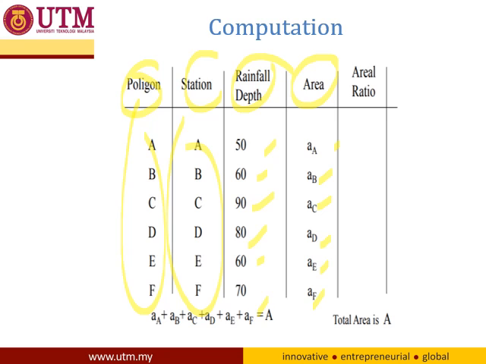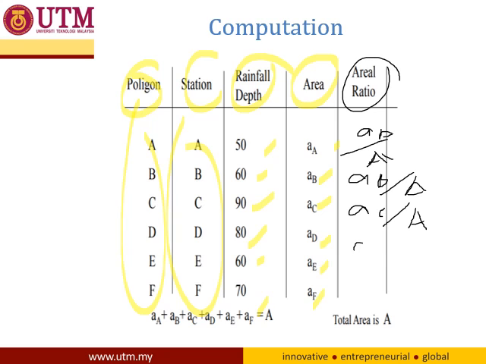This is the areal ratio. So this is A small over total area: AA over total area, AB over total area, AC over total area, AD over total area, and so on.